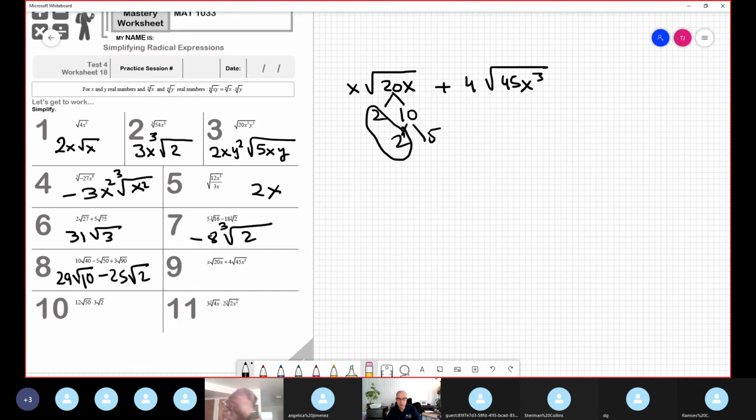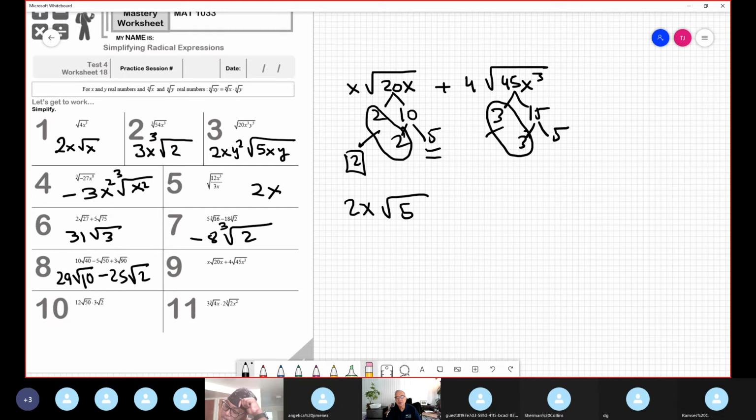A pair of 2s goes outside as one 2, and 2 times x is 2x radical 5, that 5. 45 I did before: it's 3 times 15, 3 times 5. It's a prime factorization. A pair of 3s, and 3 times 4 is 12. 12 radical 5, and this 5 stays here.